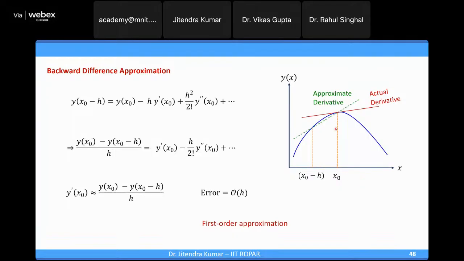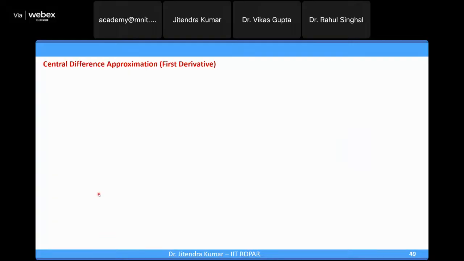But if your h is very close to x0, you will get a good approximation. So the approximation depends on how far your h is. Indeed, you have seen this in the definition of the derivative, which is the limit as h approaches 0, where you have equality. So we have removed that limit and then we have the approximation.